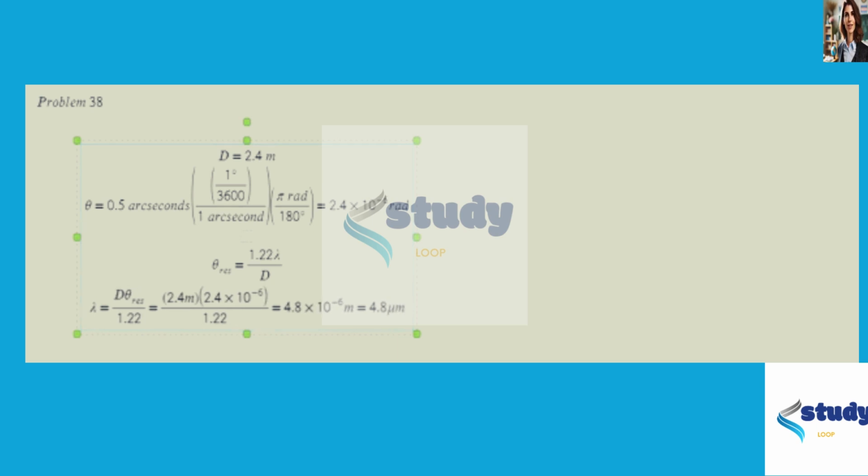So this is the maximum wavelength that can be used to resolve this angular displacement. Any wavelength less than this should be able to fit through the aperture just fine to resolve this angular displacement.